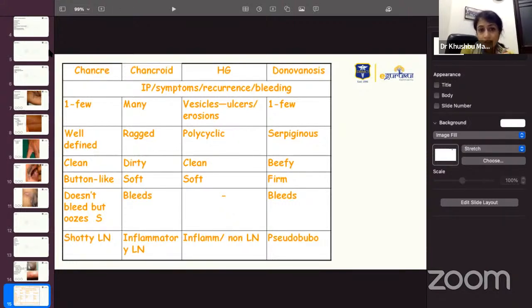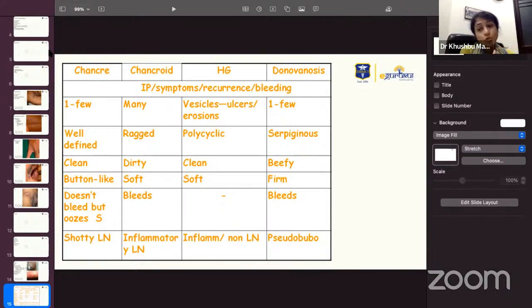Herpes genitalis, on the other hand, as I told you, presents more with vesicles, numerous vesicles and erosions, which have a polycyclic margin. Polycyclic margin is again a characteristic of herpes. They can be clean, they can be a little oozy, they're again soft, there is no induration, they are actually erosions, they're not even ulcers. And you get painful bilateral lymphadenopathy.